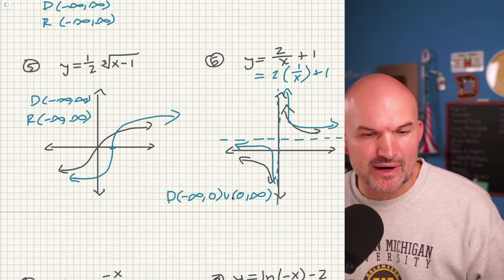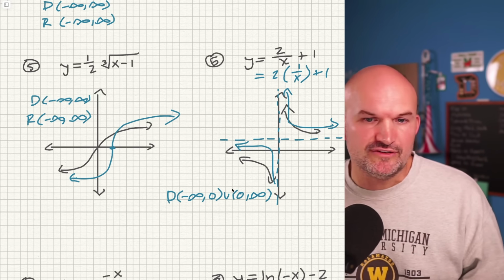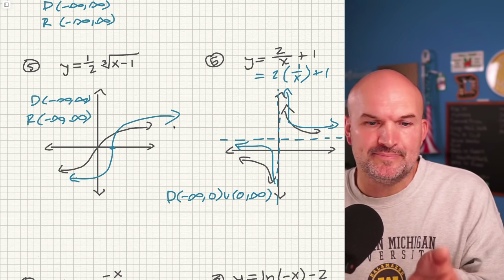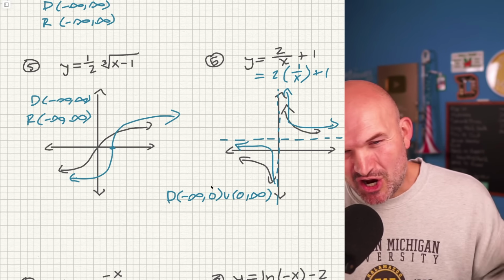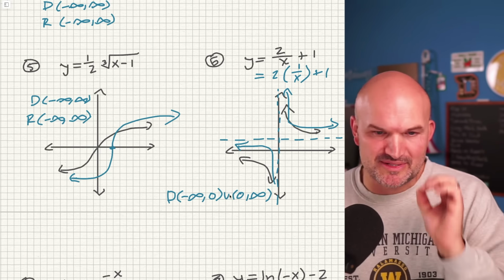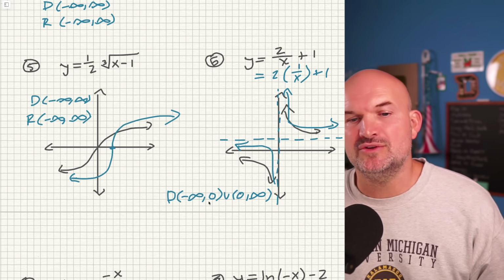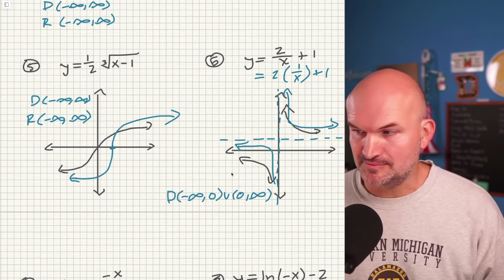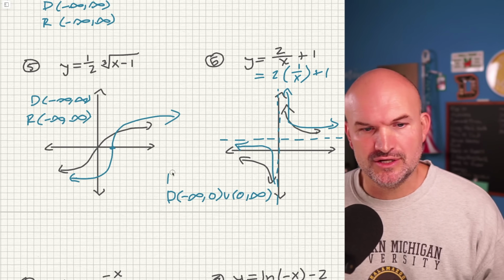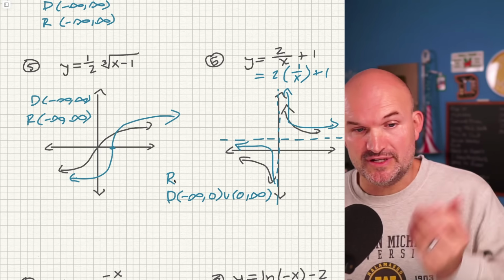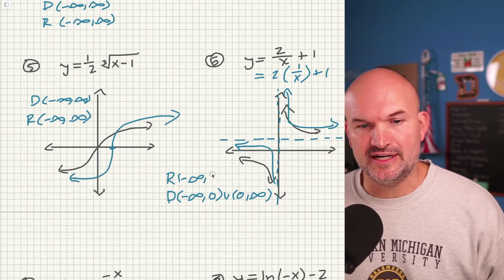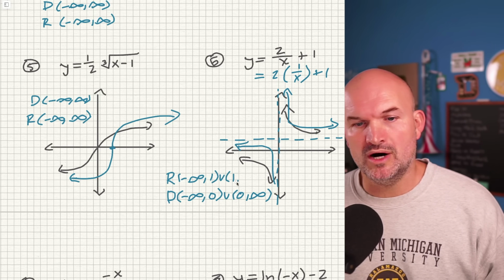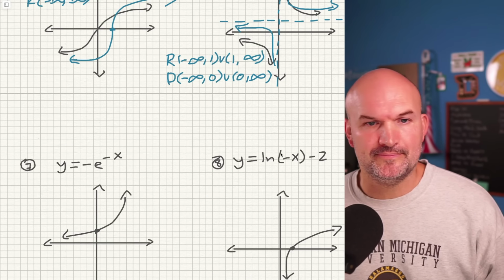Now, I'm using parentheses around 0 because 0 is undefined. That's where the asymptote is, right? The domain includes all values all the way close up to 0, but not including 0. That's why we use parentheses instead of brackets. For the range, that's changed, right? Because that got shifted up. So that's going to be from -infinity to 1, union 1 to infinity.